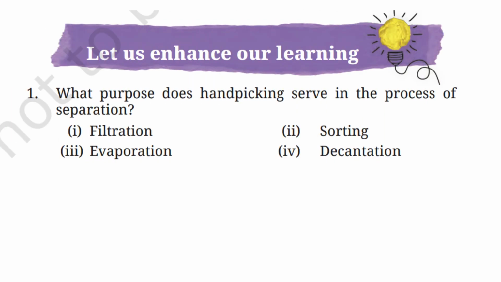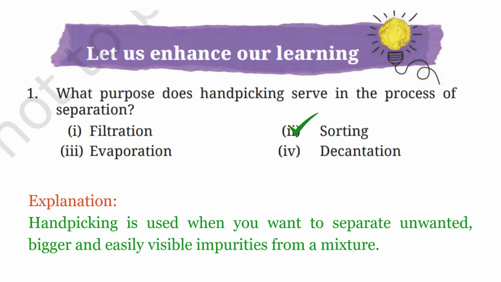Now, let us enhance our learning. Question number 1. What purpose does handpicking serve in the process of separation? Options are filtration, sorting, evaporation, and decantation. And the correct answer is option number 2, sorting.